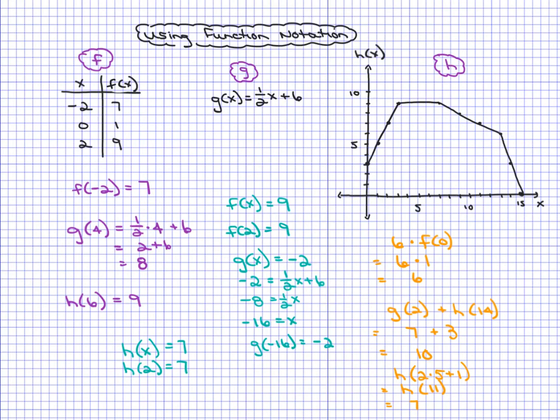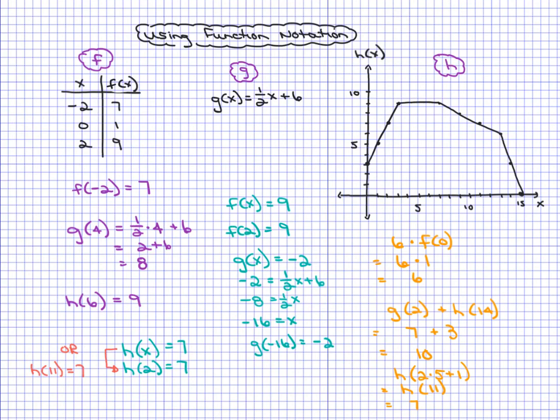Sometimes a particular output will have multiple inputs. So in this case, the output is 7 when the input is 2, or the output is 7 when the input is 11. And you might say, well, wait a minute, doesn't this mean it's not a function?